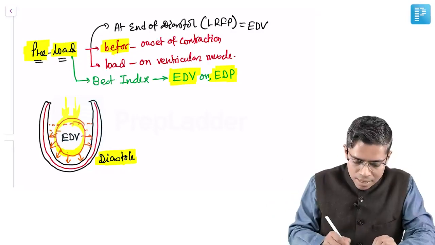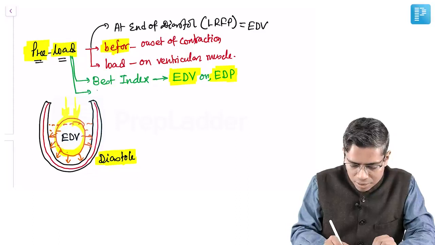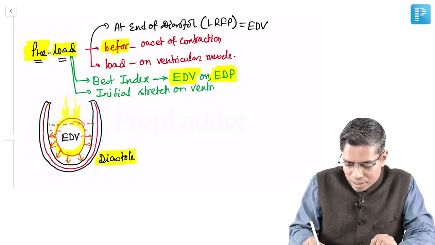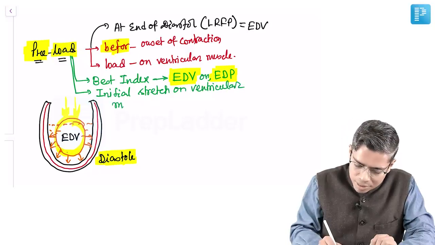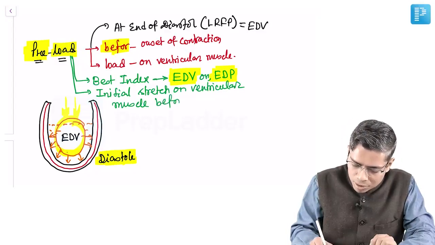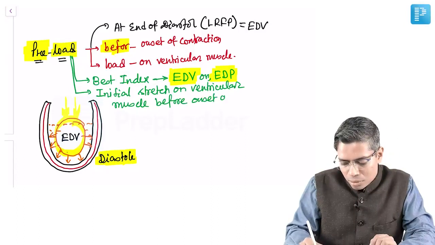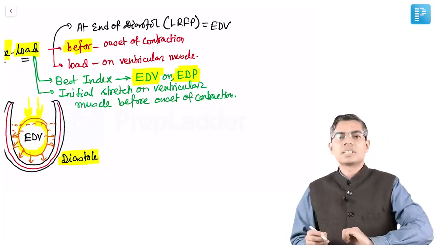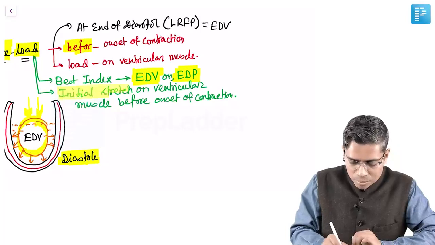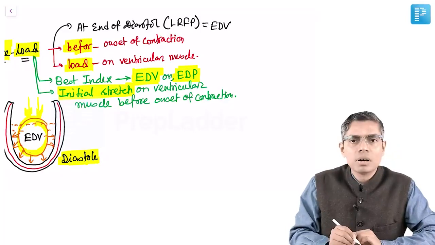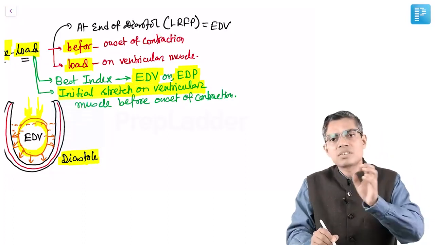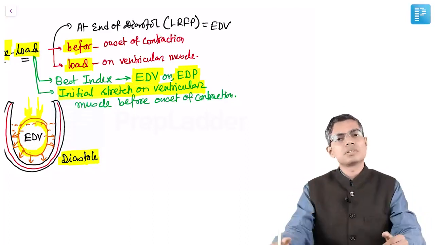That's why we said that the initial stretch on the ventricular muscle before the onset of contraction is also known as preload. Getting my point? So this is the second definition of preload, that it is the initial stretch. Previously you have defined that it is the load on the ventricle before the onset of contraction. Now we are defining the preload as the initial stretch on the ventricular muscle before the onset of contraction.